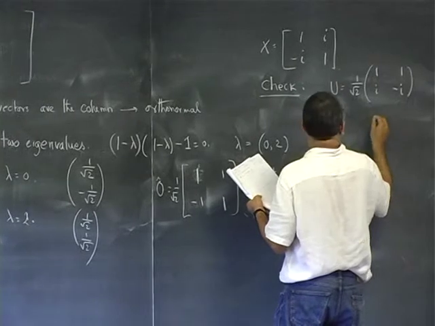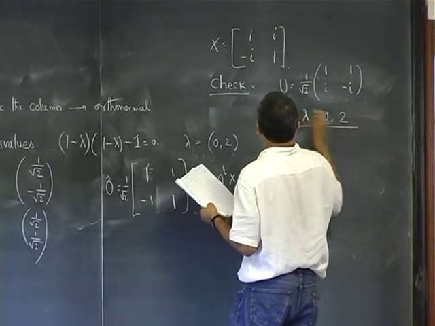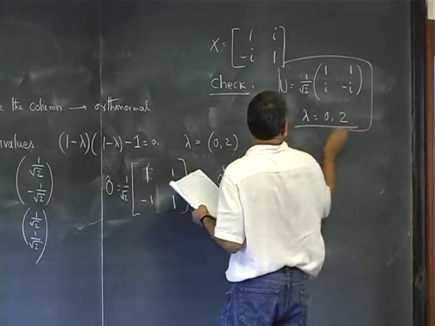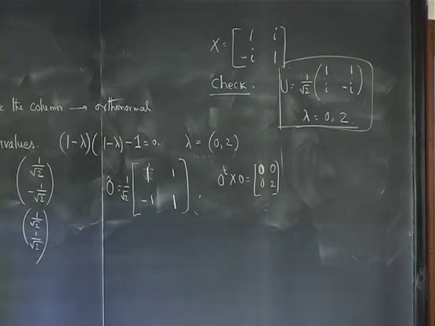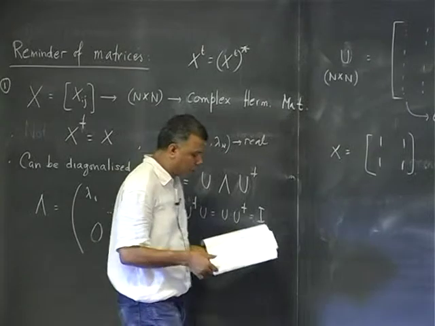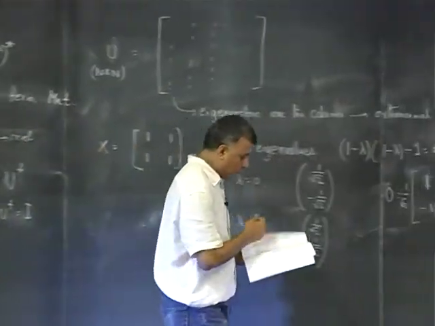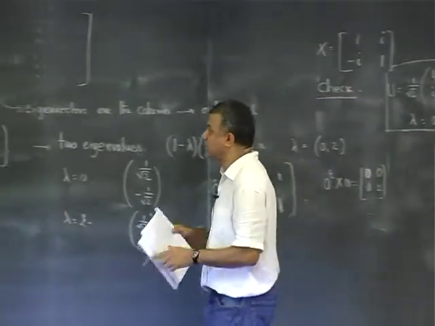And the eigenvalues are, again, 0 and 2. And similarly, you can do it for the quaternion matrices, which I am not going to do because it's not that difficult, but it just takes more time. So this is a trivial exercise.